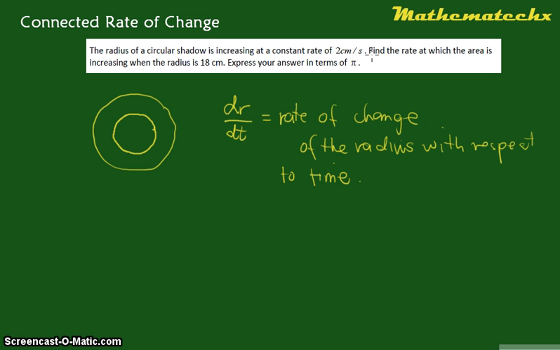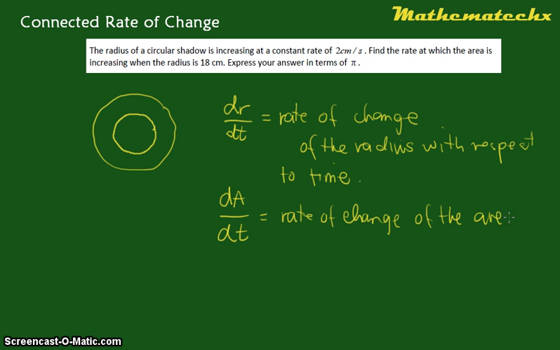Now what we want to find is the rate at which the area is increasing when the radius is 18. The rate of change of area with respect to time can be written as dA over dt. So this is the rate of change of the area with respect to time, in this case a circular area.